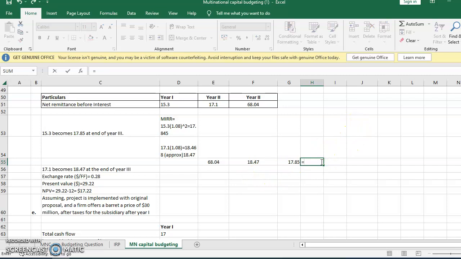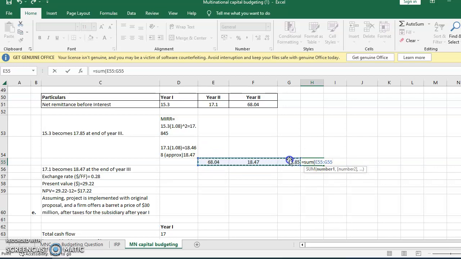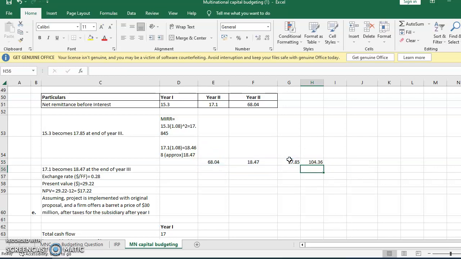Let me check with a function, and the total of this is, perfect, 104.36. Now the exchange rate is 0.28, so the present value in this case is 29.22.